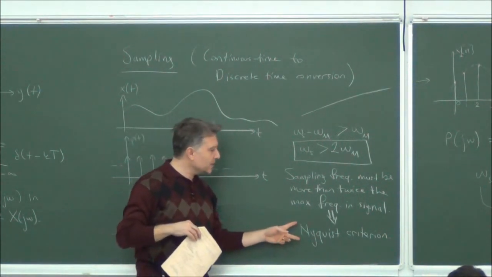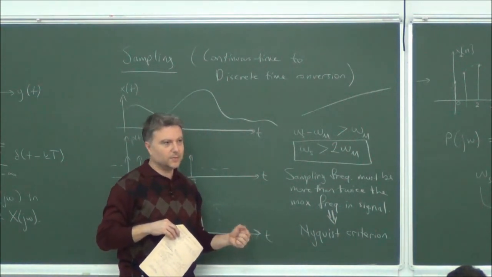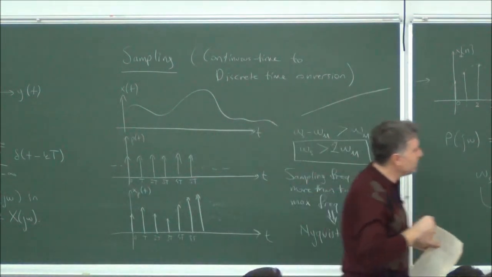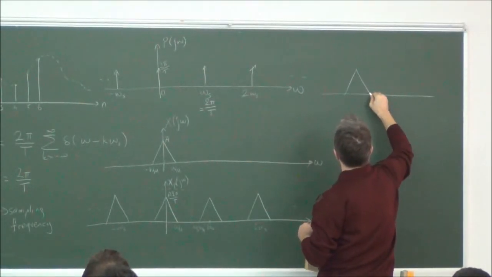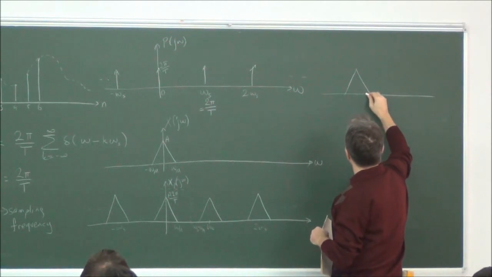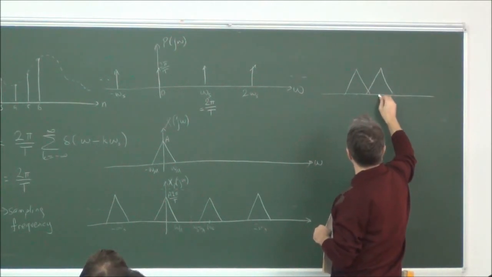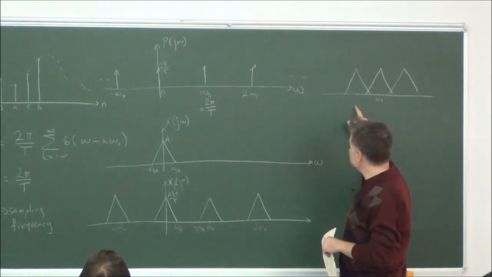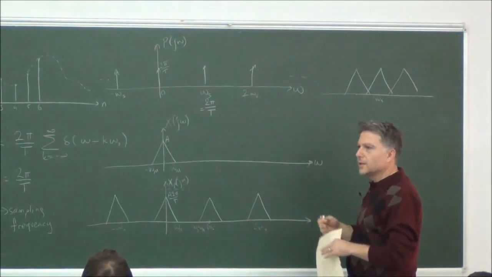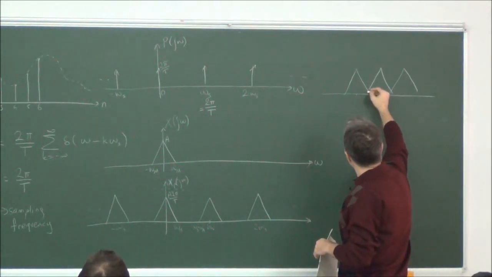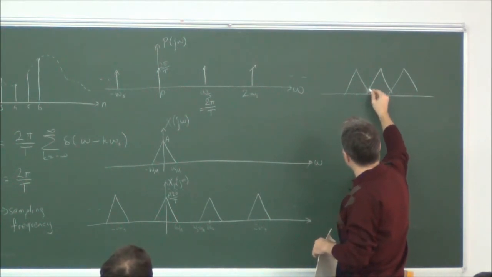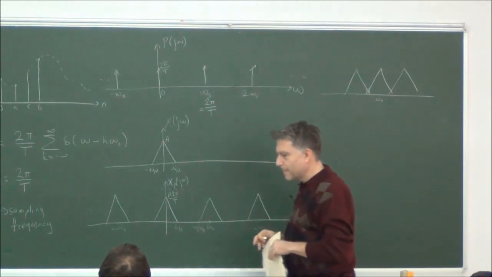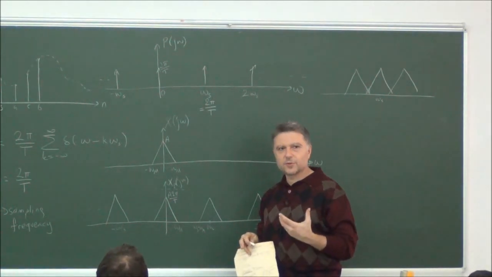If this Nyquist criterion is violated, then the situation will be something like this. This will be one triangle, and this will be another triangle at omega s, another triangle here. So as you see, the tail portions of the triangles are lost because this part is occluding the other part, and there will be a mixture of signals around here, the mixture of harmonics in the frequency domain.